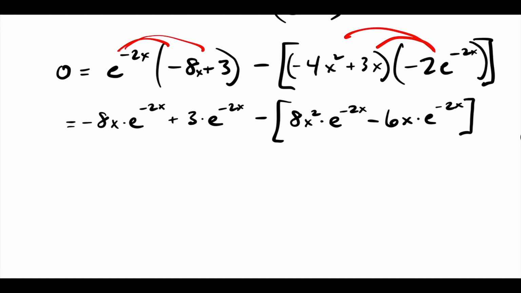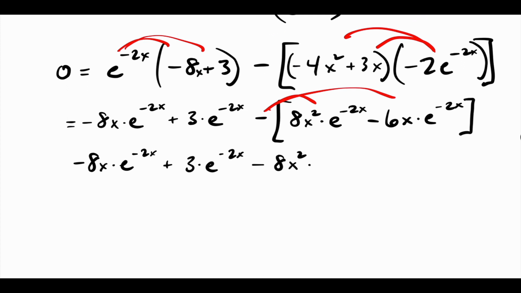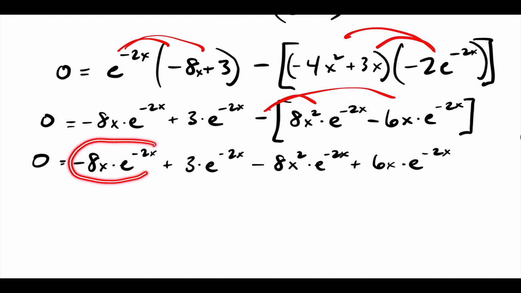Still in brackets, so I have to distribute the negative now. So now it won't have any parentheses or brackets. It's got 4 terms.